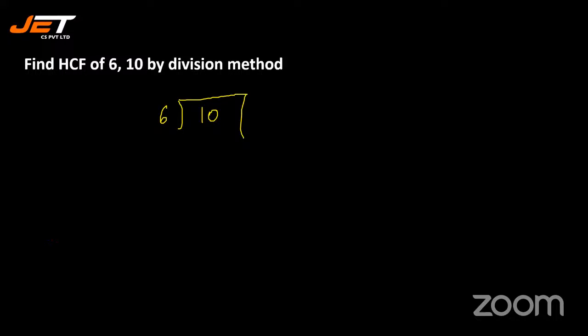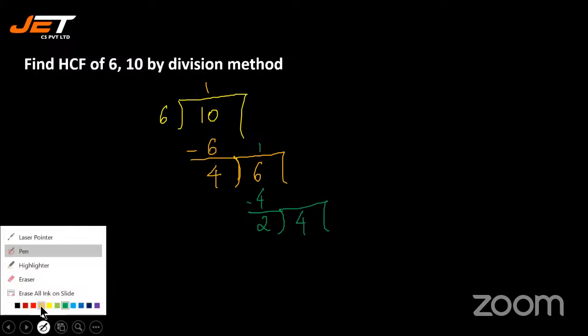Okay, so let me see. 6 times 1 is 6. When you subtract, you get 4 as a remainder. Now this 4 will be treated as the divisor and 6 as the dividend. Yep. 4 times 1 is 4. 2 is the remainder. Then 4 will be treated as the dividend.